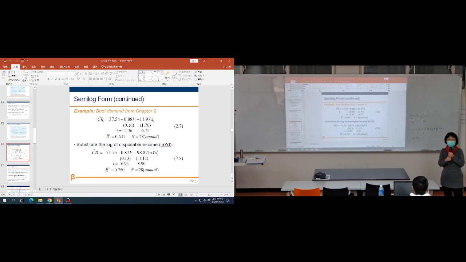So in the future, if you're working on your thesis, you may bump into the same situation. So which one is better? Then those criteria are a good tool to be used.